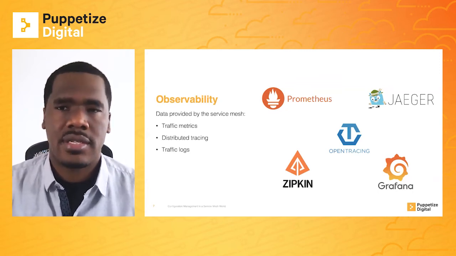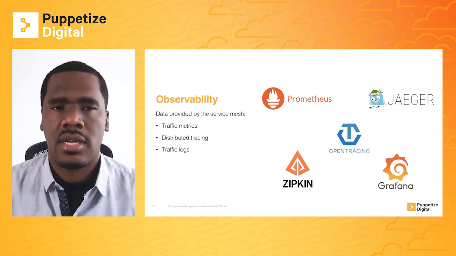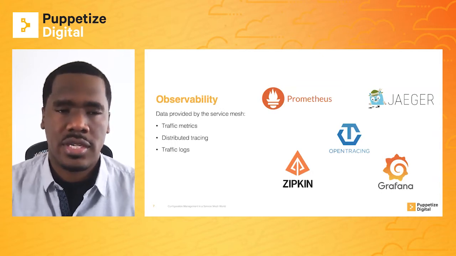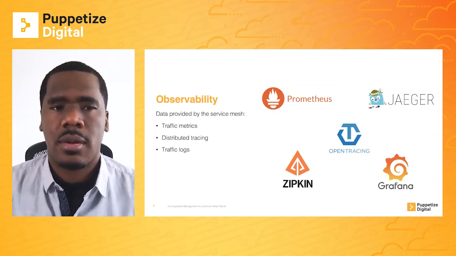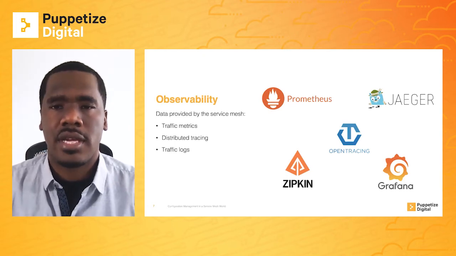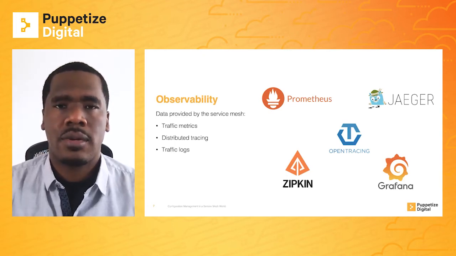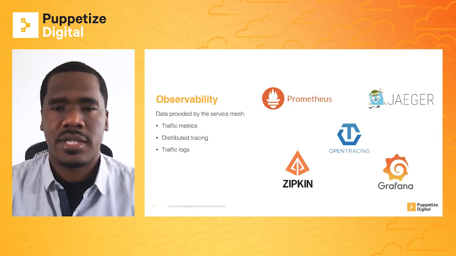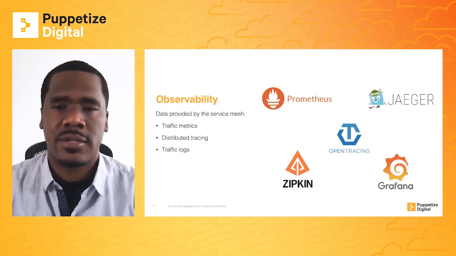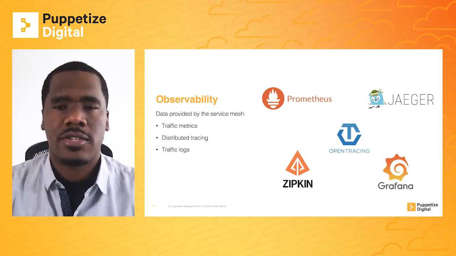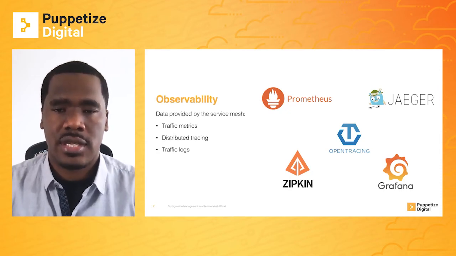You also have things like Jaeger and Open Tracing for distributed tracing to be able to allow applications to have that data being presented to the service mesh without the actual instrumentation of applications. So typically when you leverage tracing, you need to instrument applications.